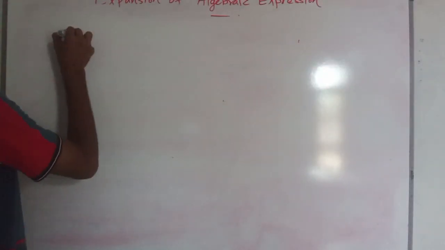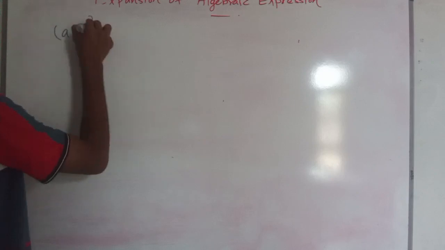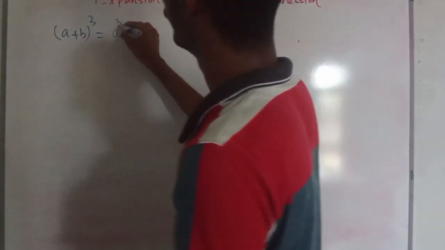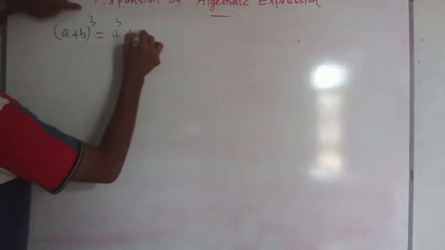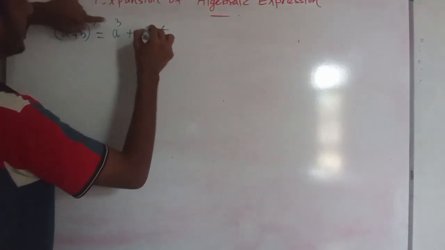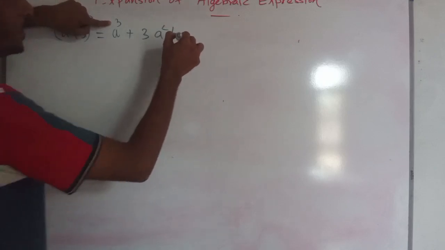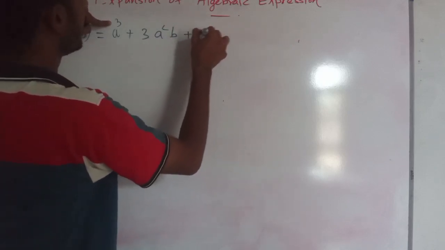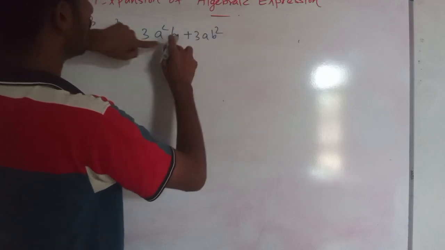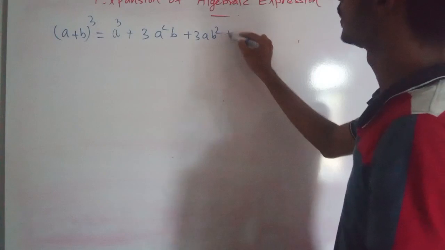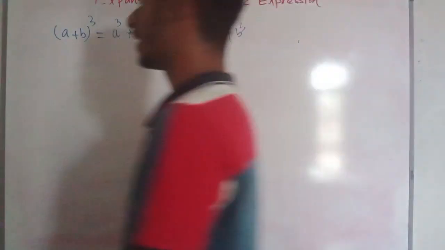So you should remember this one, (A plus B) whole cube. So how can we write this? A cube, then 3 should be written, then A squared, we are reducing 1, then B will come to the picture, then plus 3AB squared. Now another B has come and one A has reduced, plus B cube. So this is the expansion.